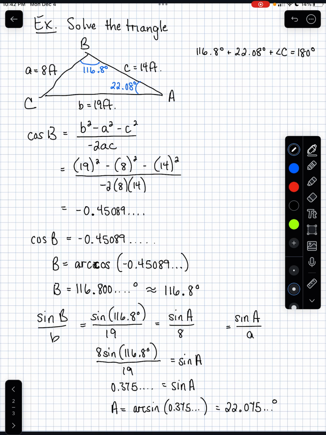So again, a little bit of solving here will give us that angle C is going to be 41.12 degrees. And thus, we have solved the triangle. Not horrible. Certainly a little less friendly than just using the law of sines directly. But we can get there.